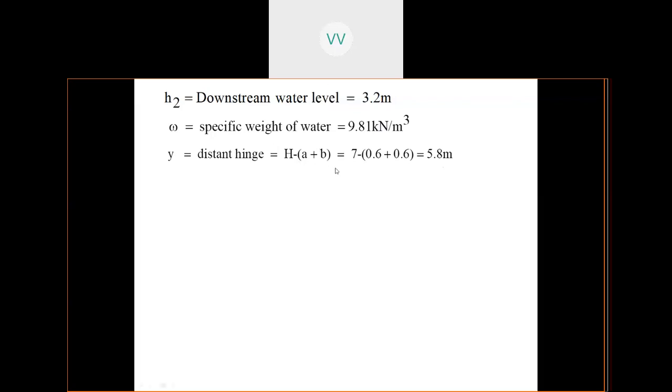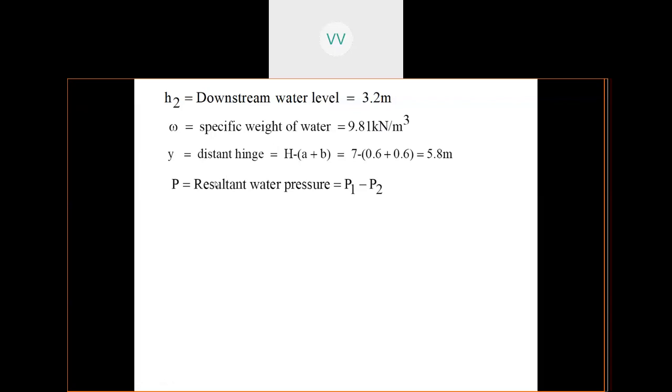When you remove 1.2 meters from 7, you have a value of 5.8 meters. Have you worked it out, students? You should get 5.8 meters as the distance between the two hinges.